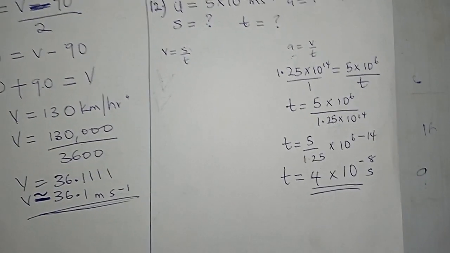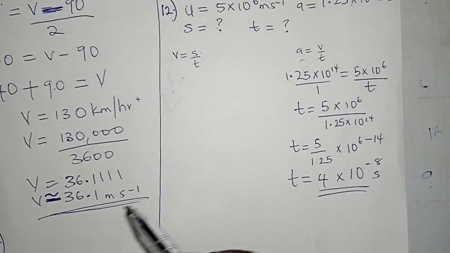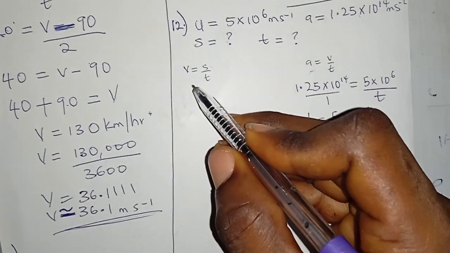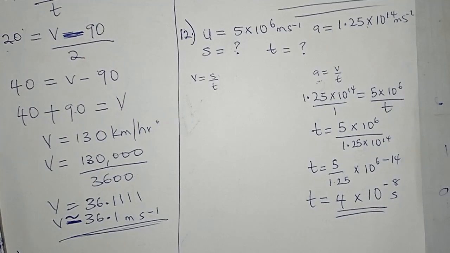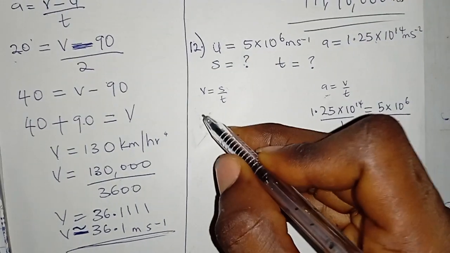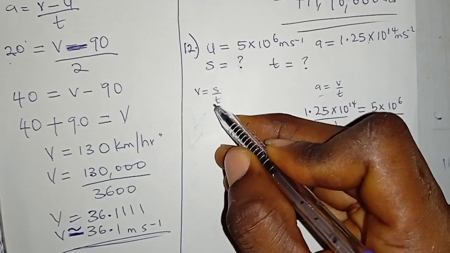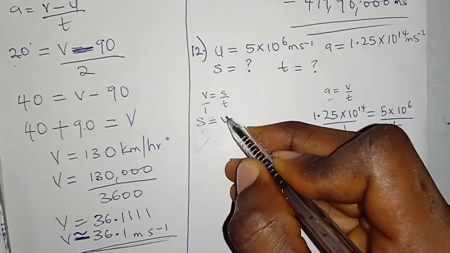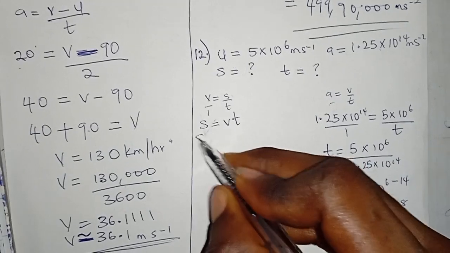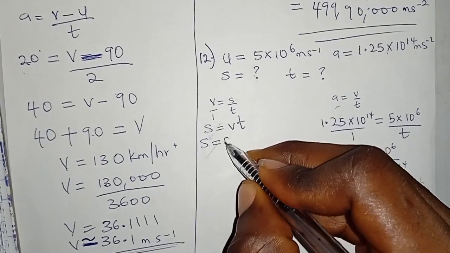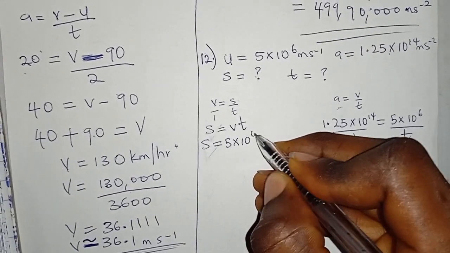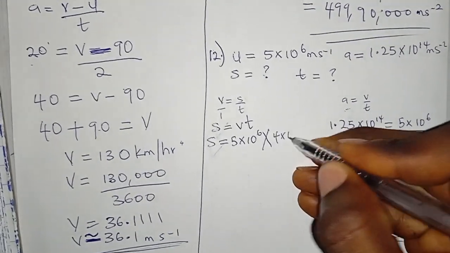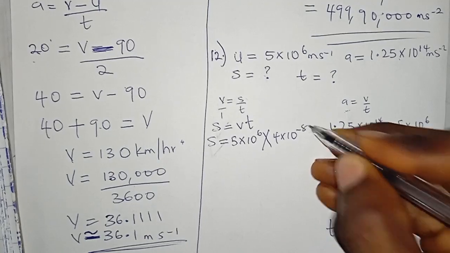So then now, to find the displacement, that is, let's say how far, displacement is always S. So S is equals to VT. So S will be equals to 5 times 10 raised to the power 6 times 4 times 10 raised to the power minus 8.